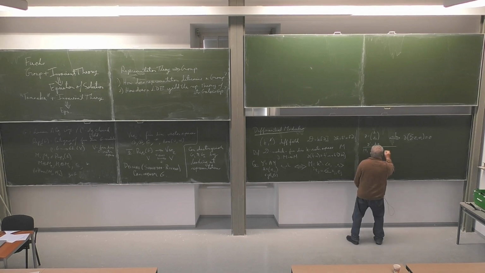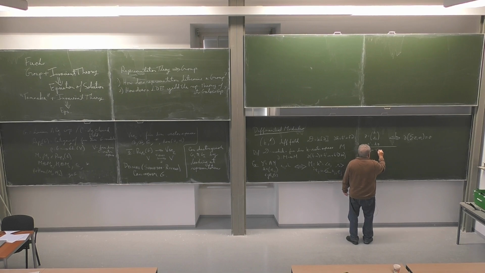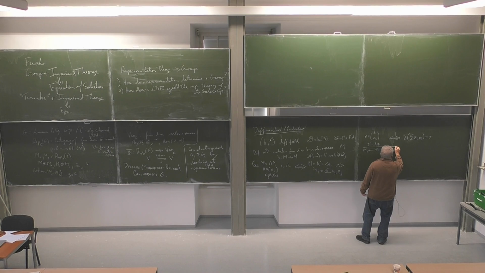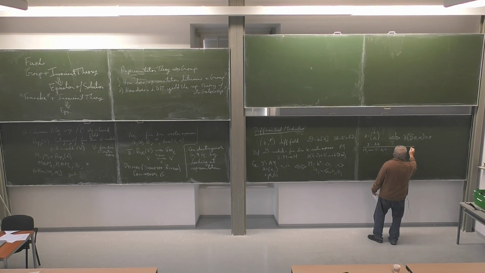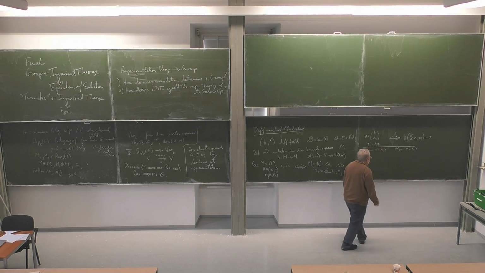So if M1 corresponds to y prime equals A1 y, and M2 corresponds to y prime equals A2 y, then you can form a sum.